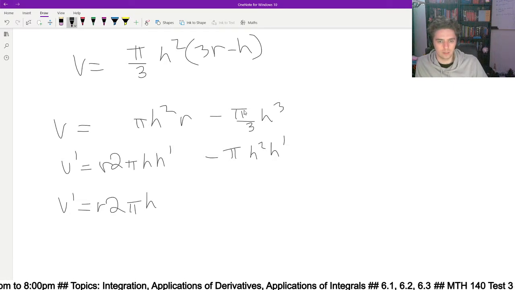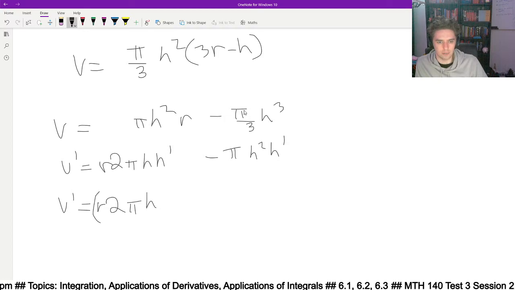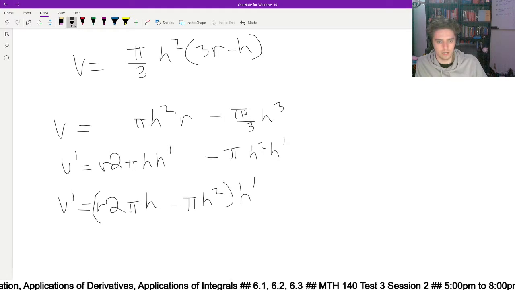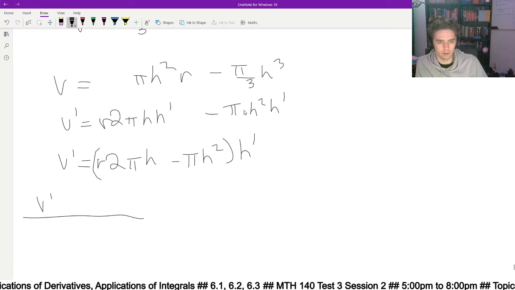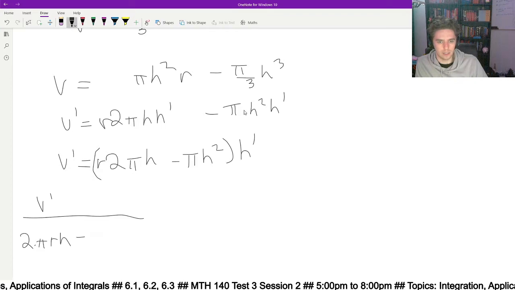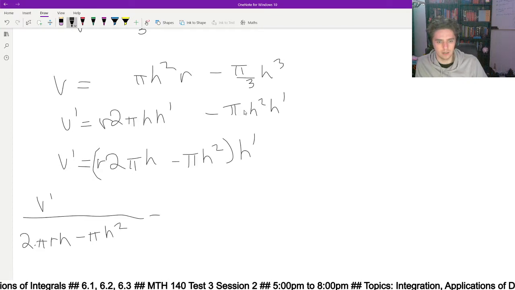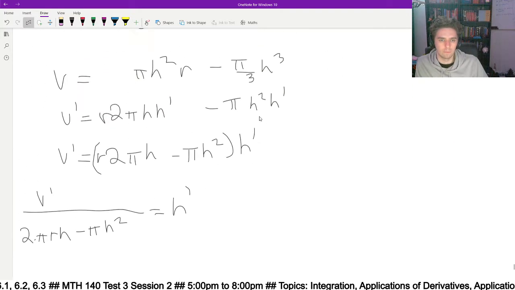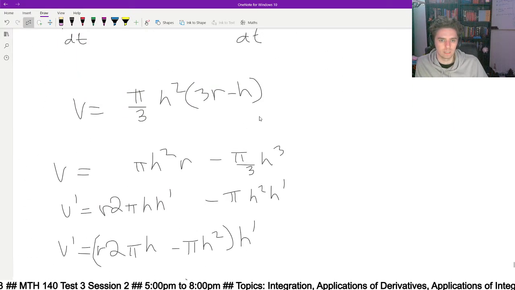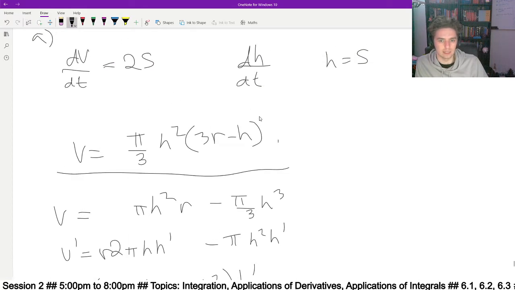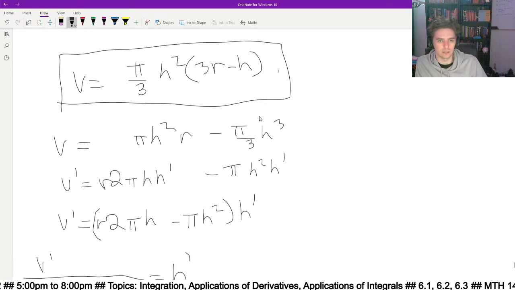So I'll just factor out the h prime now, so minus pi h squared h prime, so V prime over (2 pi r h minus pi h squared) equals h prime. Sorry to interrupt, but was this volume given in the question? The formula for the volume? Yes, that was given in the question.